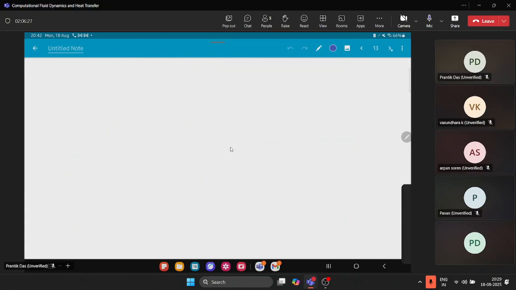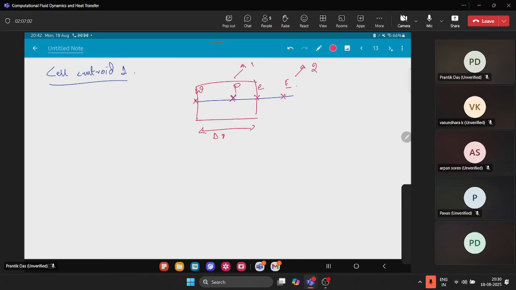For cell centroid one, this one is P and this one is E, this one is small w and this is small e, and P corresponds to 1 and E corresponds to 2, and this is a control volume. The total length is delta x, and the distance between the boundary and the first cell centroid P is delta x divided by 2.